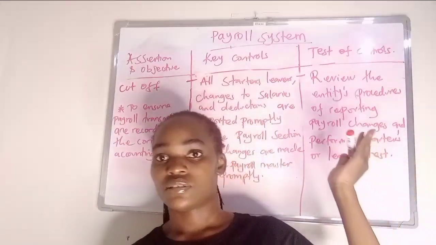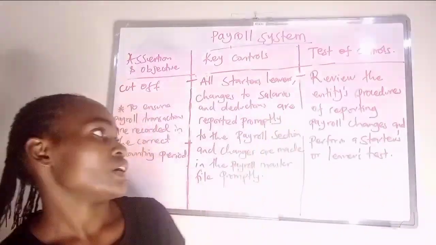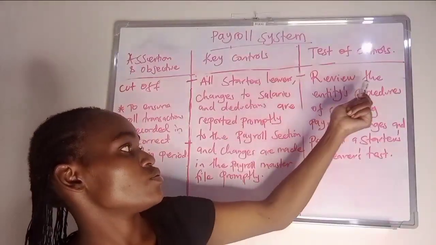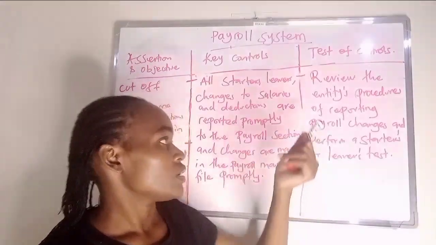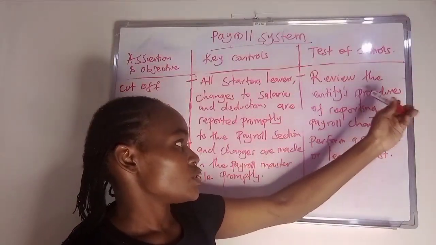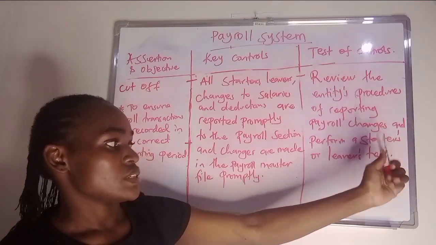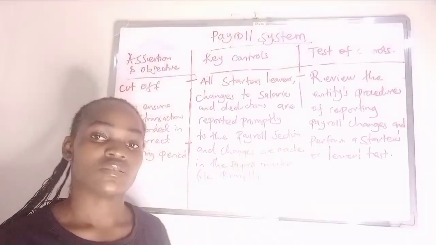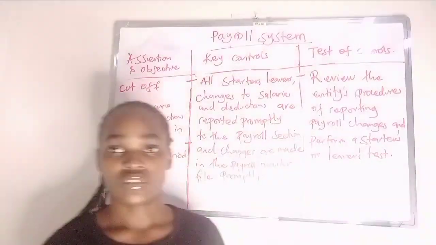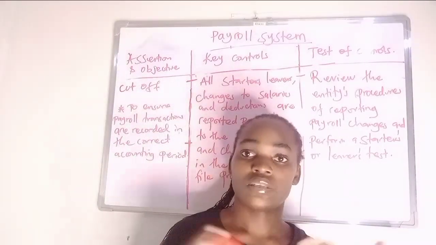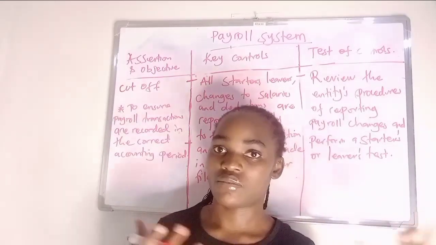So what can the auditor do to test this kind of control? The auditor is supposed to review the entity's procedures of reporting changes and perform a status or reverse test. So the auditor looks at the procedures of reporting changes, like do they report immediately or do they take some time, and what is the process they go through.